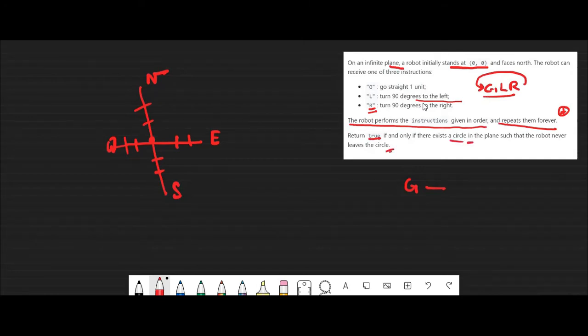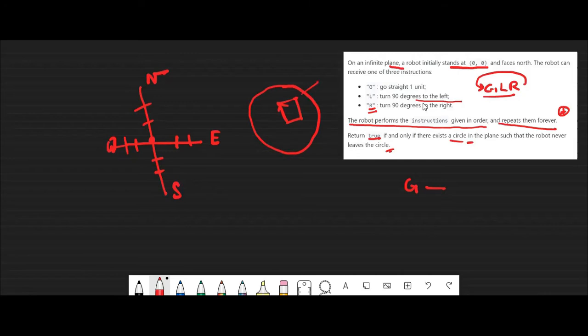It means suppose in a plane we have a circle, so the robot will never leave this circle. Meaning, the robot can move like this in this circle in a loop, but it can't leave this circle on an infinite plane. Okay, so this is our problem.